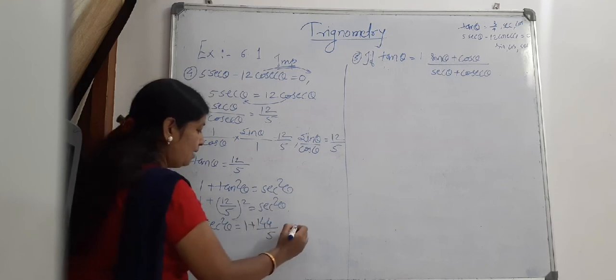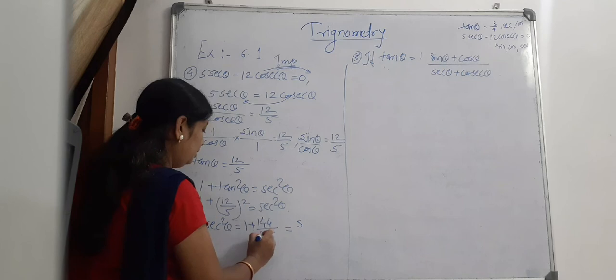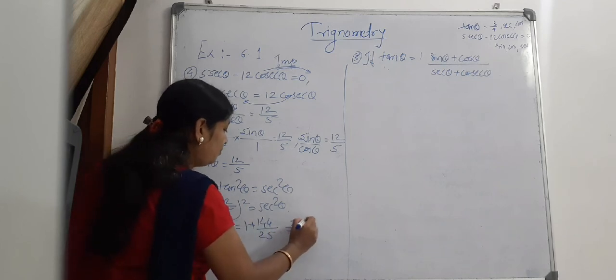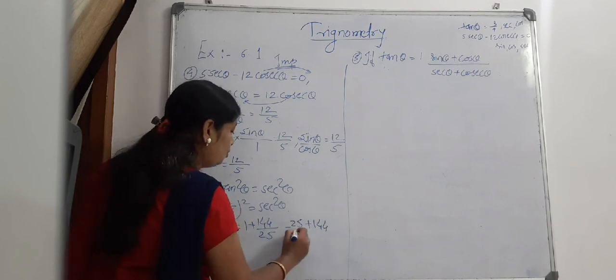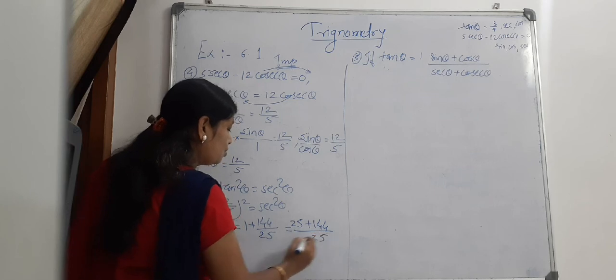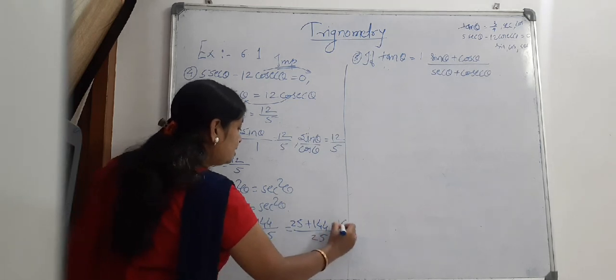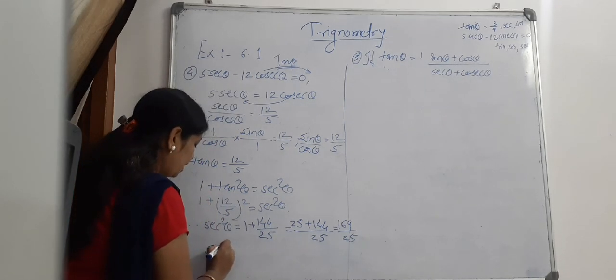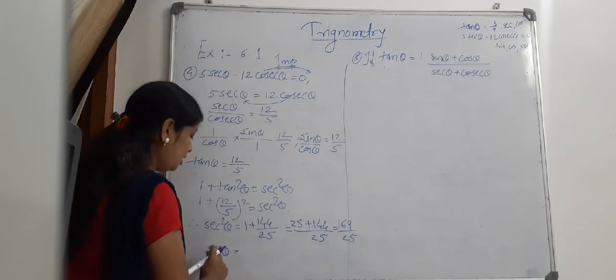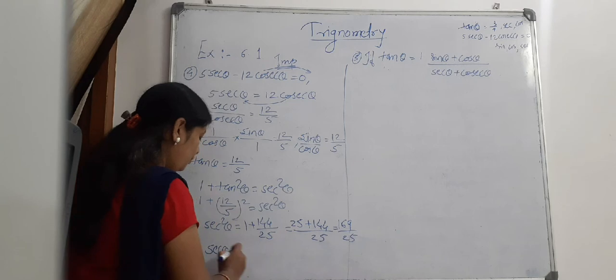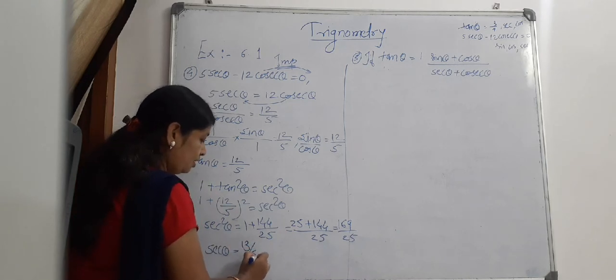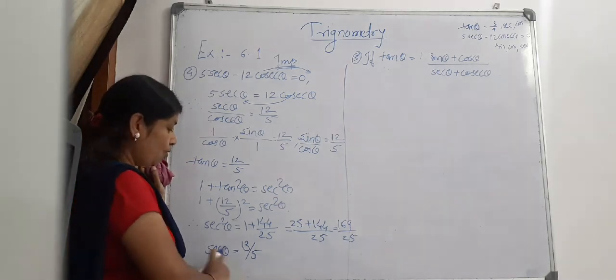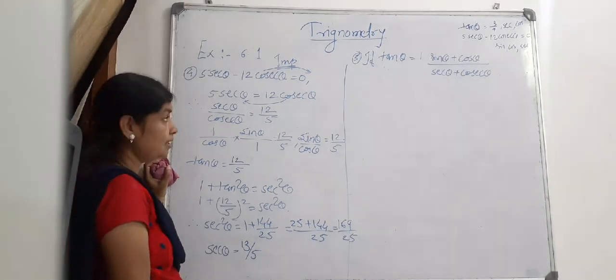Do the cross multiply: 25 ones are 25, plus 144, upon 25. So how much? 169 upon 25. 169 is the square of 13, so sec theta is 13 upon 5.